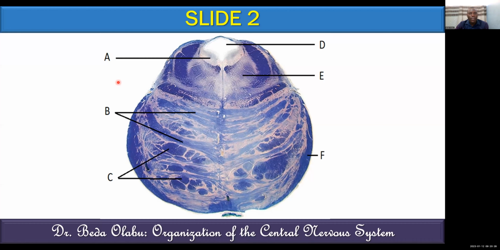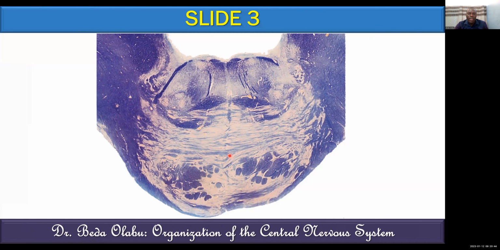Good enough? Again, not the spinal cord. Now, why are we saying it's not the spinal cord? We don't see the butterfly. We don't see the ventromedian fissure. It is not the spinal cord. And that also applies to this one.